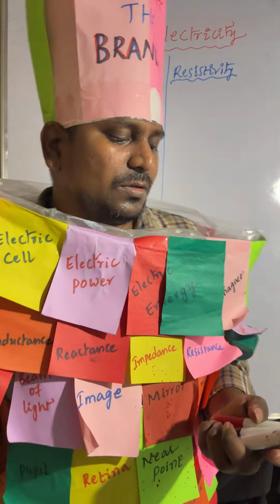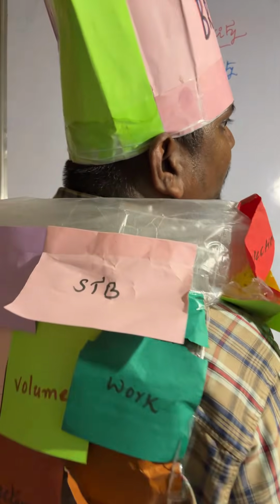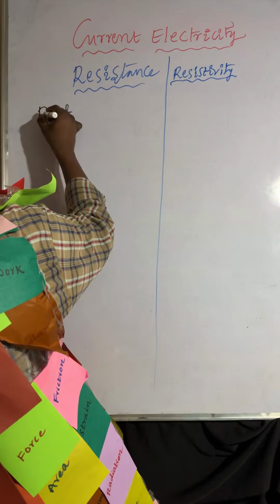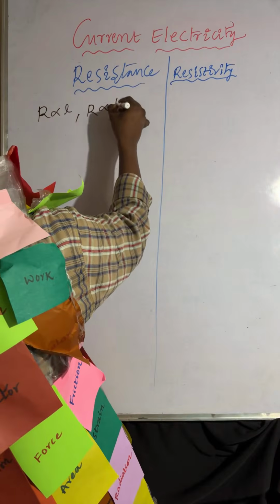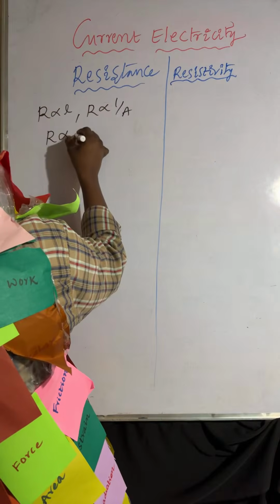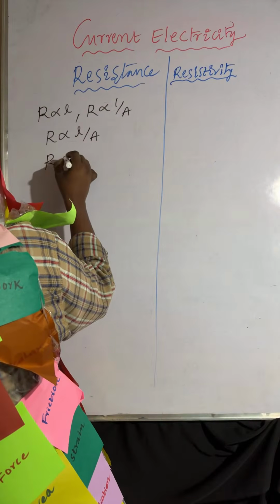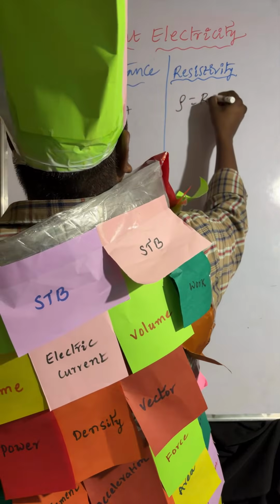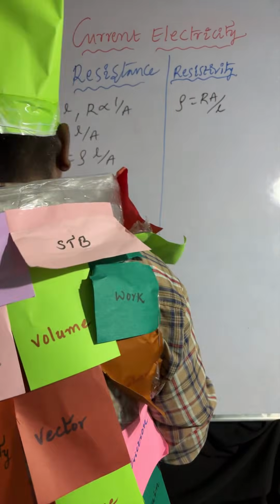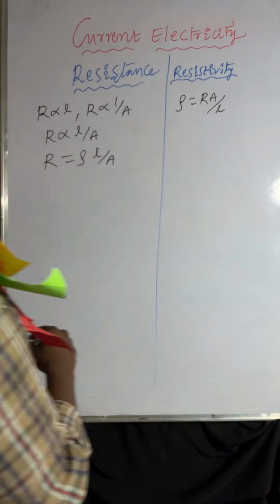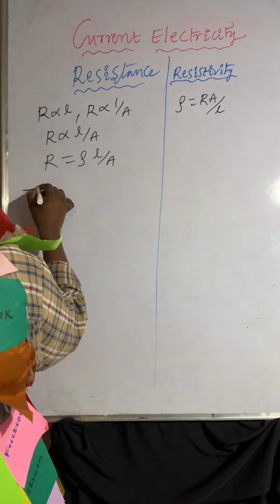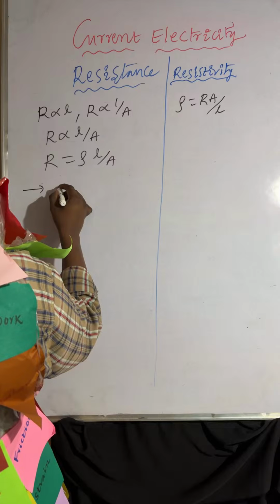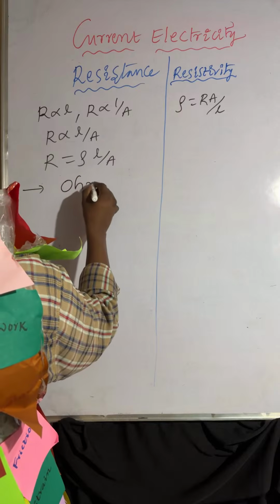Resistance is directly proportional to the length of the conductor, and inversely proportional to the area of the cross section. R is directly proportional to L by A, R equal to rho into L by A. So rho equal to RA by L. That is the resistivity. I hope it is very clear. The SI unit of resistance is ohm.